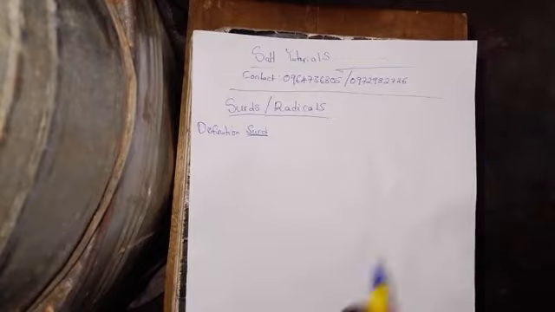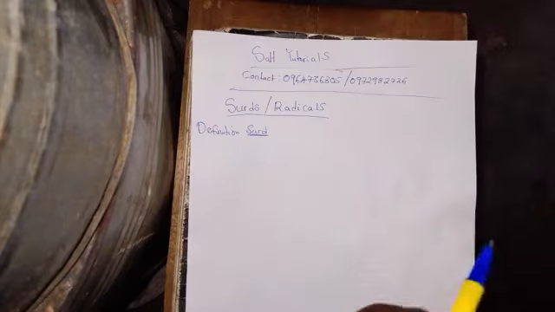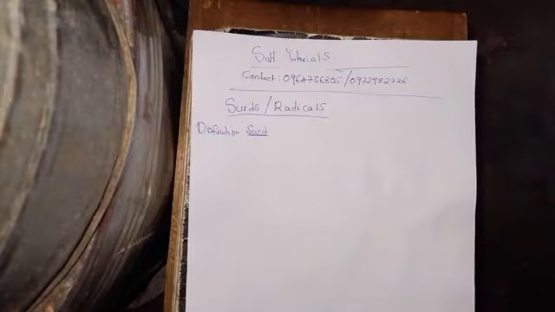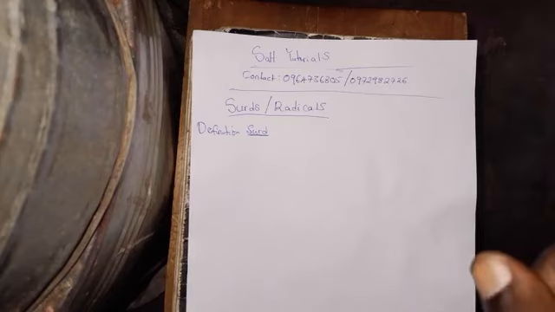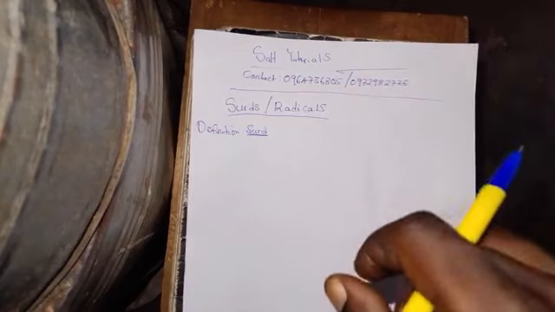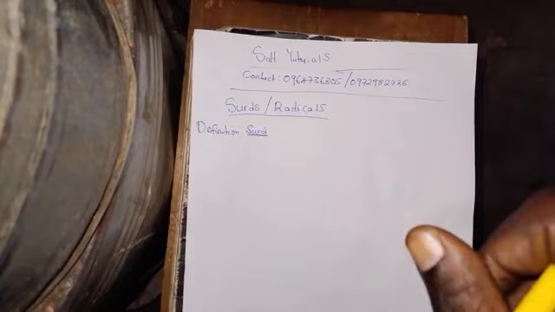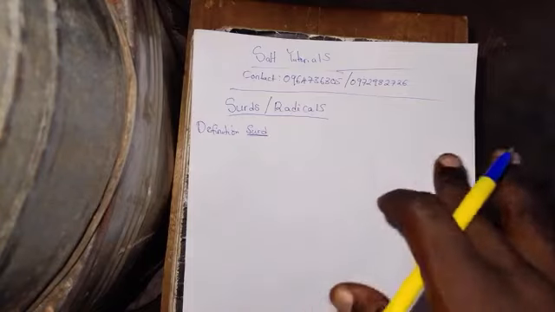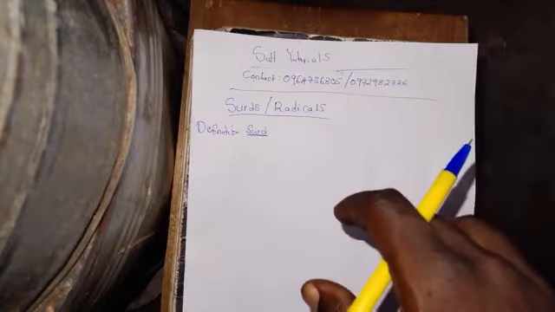If you have gone through the previous video, you understood what a rational number is and what an irrational number is. So in defining a surd, I'm going to rely on the idea of us knowing what irrational numbers are. If you know what an irrational number is, you'll be able to understand clearly what a surd is.